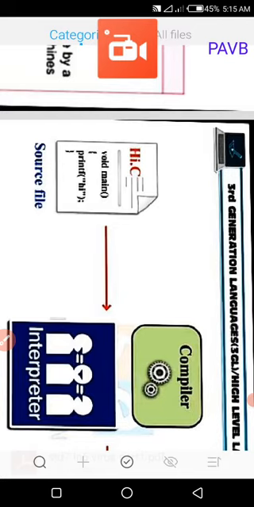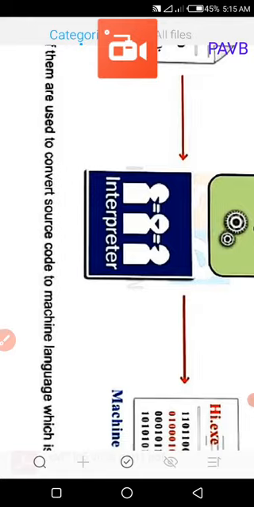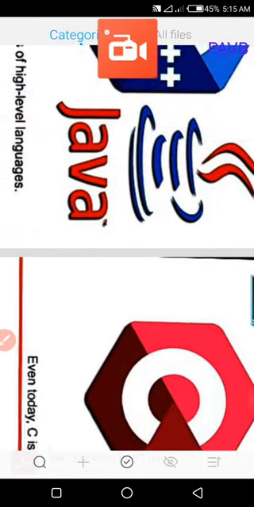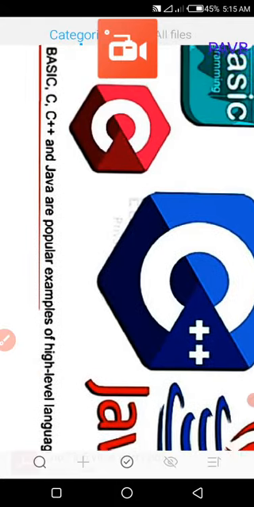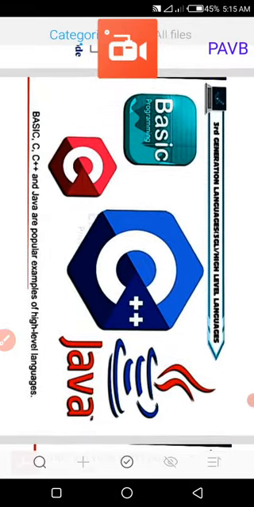High level language. It is converted by an assembler or compiler into machine language. Some popular high level languages are BASIC, C, C++, Java, etc.